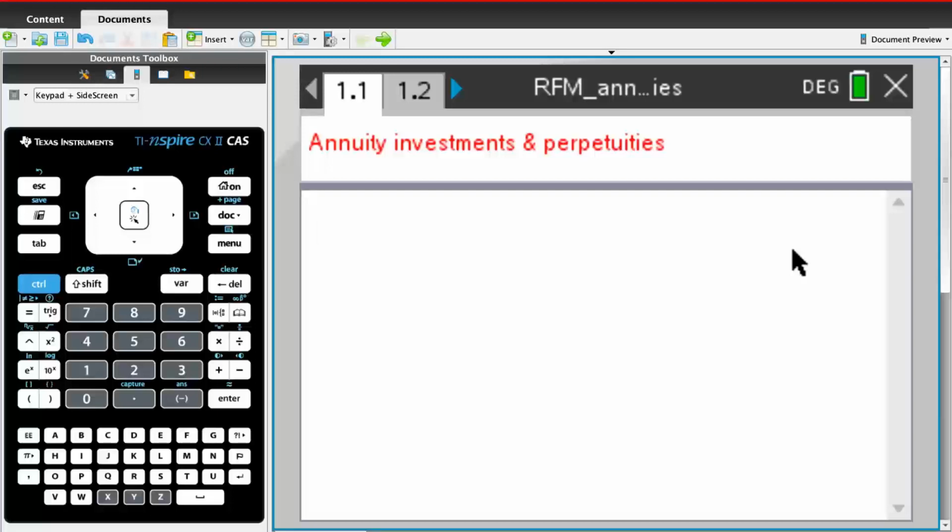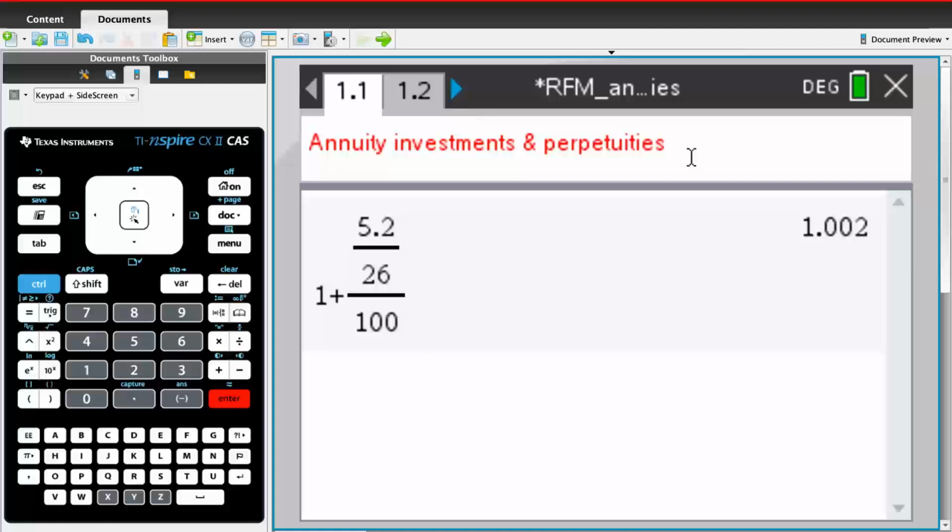So in this case, it's 1 plus, and then we'll just do the fraction template, and it's 5.2 divided by 26 divided by 100, and enter. So 1.002.